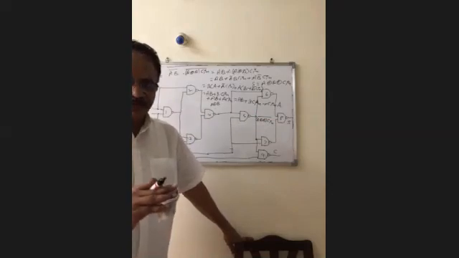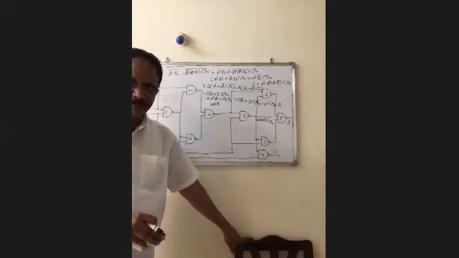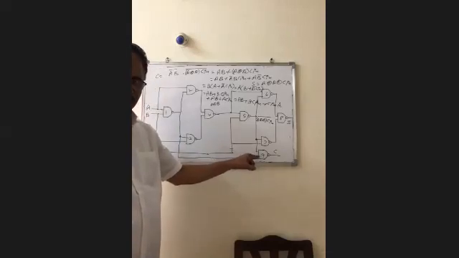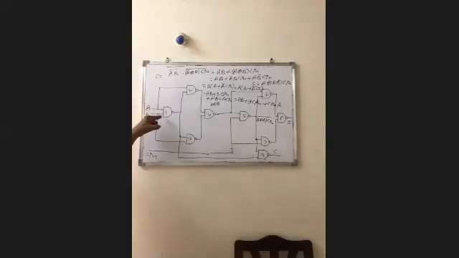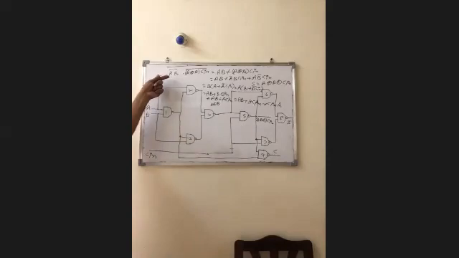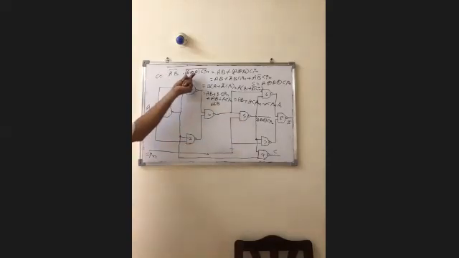To obtain the minimal carry output, it requires one more NAND gate. For that ninth NAND gate, the inputs are NAND gate 1 and NAND gate 5. The NAND gate 1 output is AB bar, and the NAND gate 5 output is A exclusive OR B multiplied by C in whole bar.